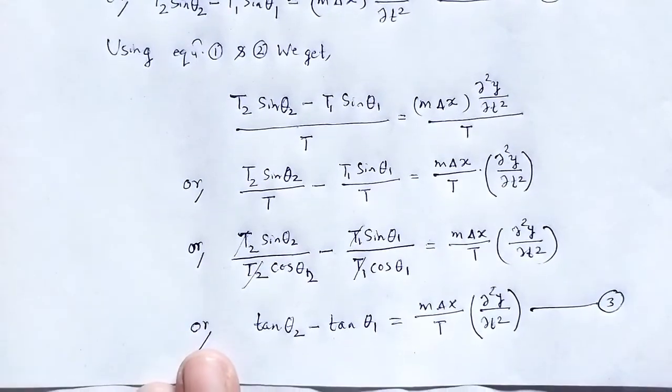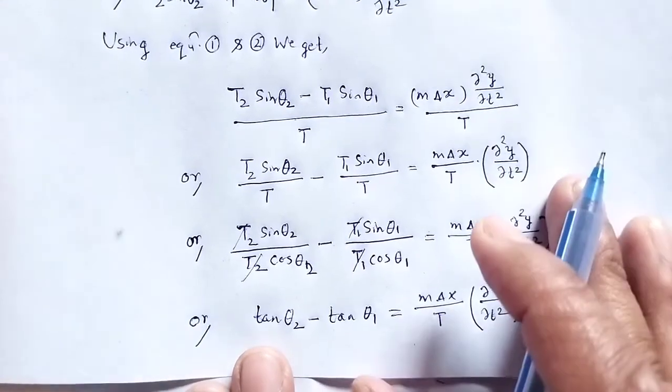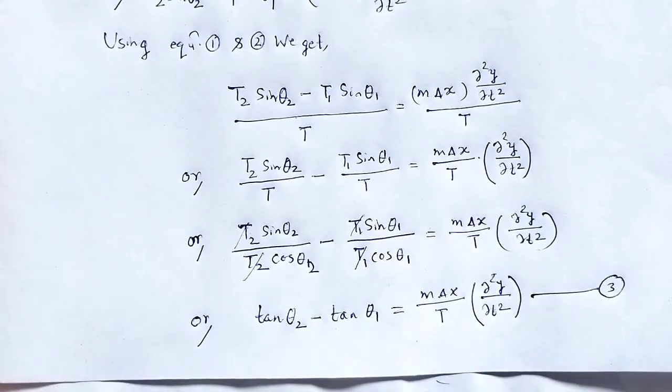But what are theta 1 and theta 2? They are tan theta 1 and tan theta 2.